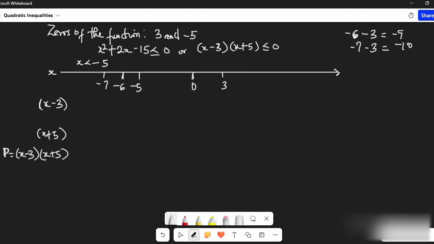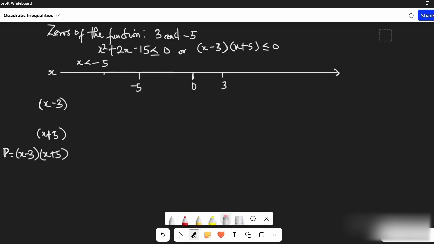So you only need to test with one value of x in that space. Okay? So we're just going to use -6 in this case. And we really don't need to write it. It's just something that you can do in your head.